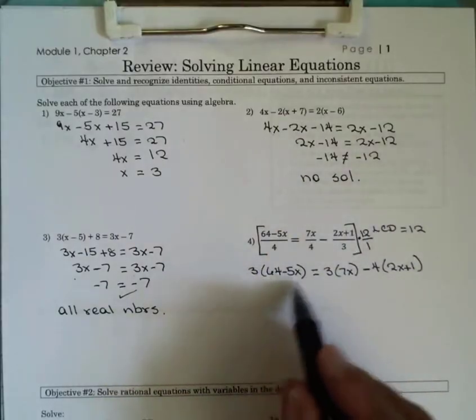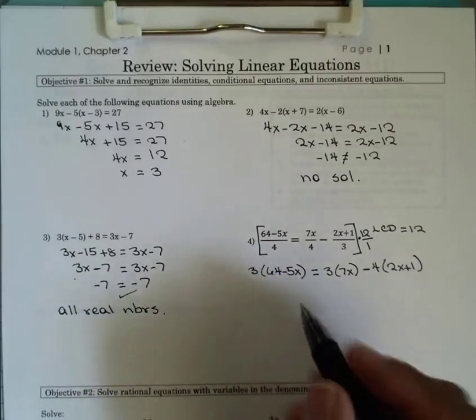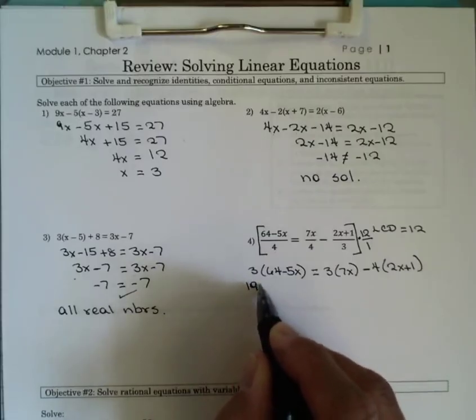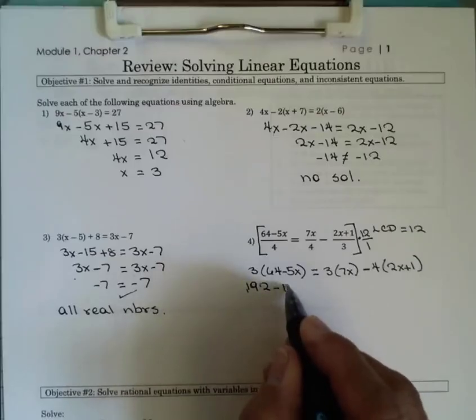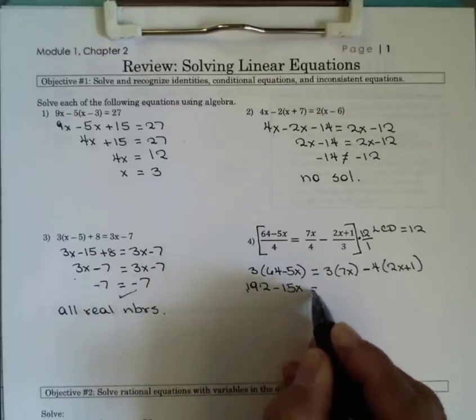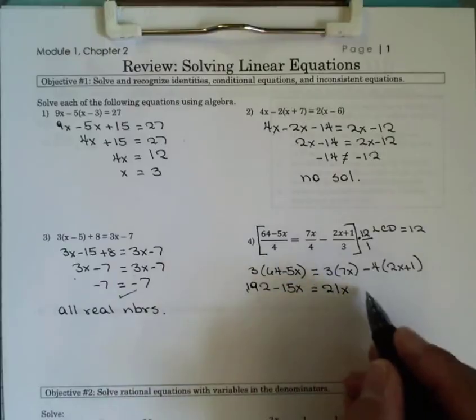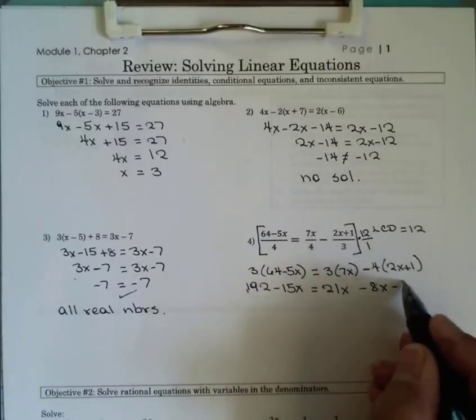So now let's see if we can simplify this even further. We'll distribute this 3 first. 3 times 64, I'd use a calculator if I were you for some of this, that's 192. And 3 times negative 5x. And over here I've got 3 times 7x. And then I'm going to say negative 4 times 2x, and negative 4 times 1.